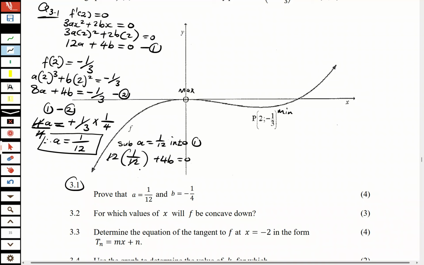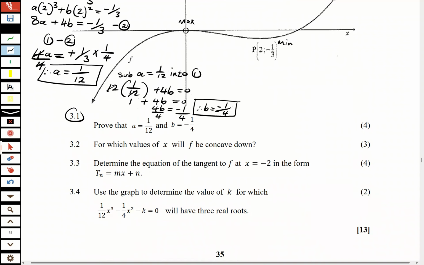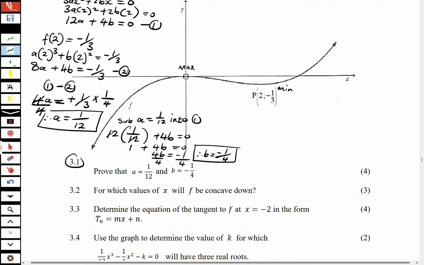This and this rationalize. You'll have 1 plus 4b equals 0. Take this to your right, you'll have 4b equaling negative 1. Divide both sides by 4. Therefore, your b will be negative 1 all over 4. And if you check, that's what we got there. It is the same thing.